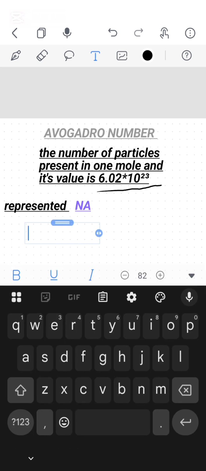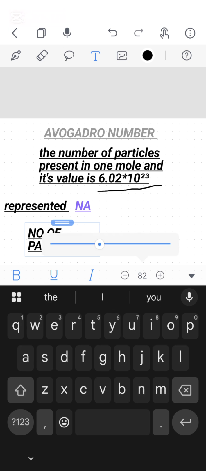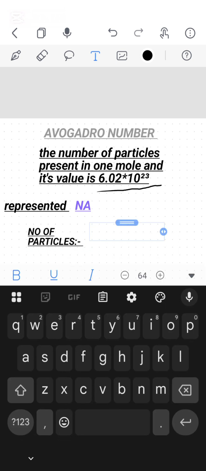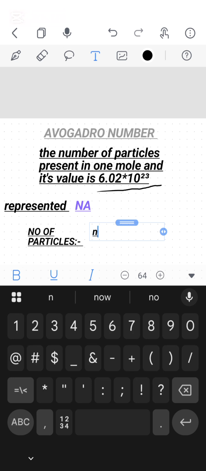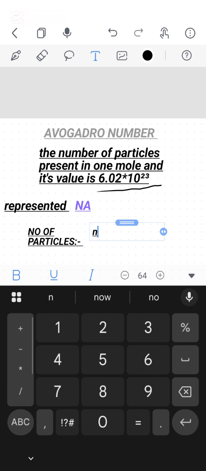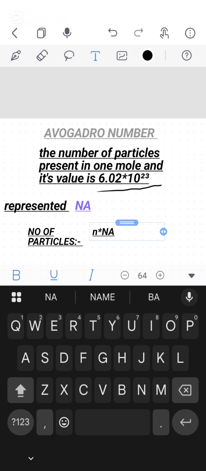Its formula is: number of particles is equal to n, the small n, multiplied by NA. I don't see any multiply sign over here, so we'll be using that: n multiplied by NA.